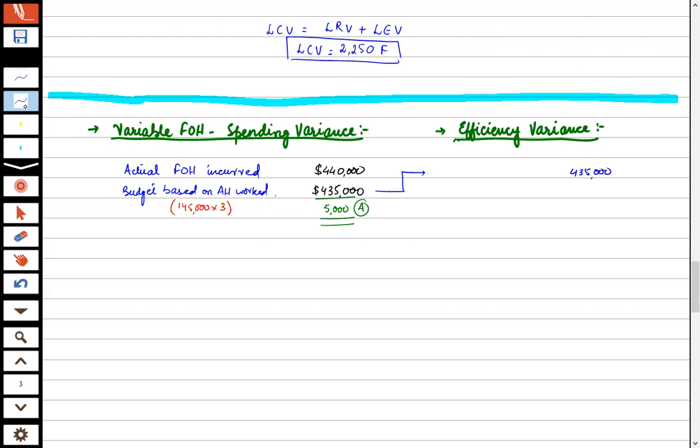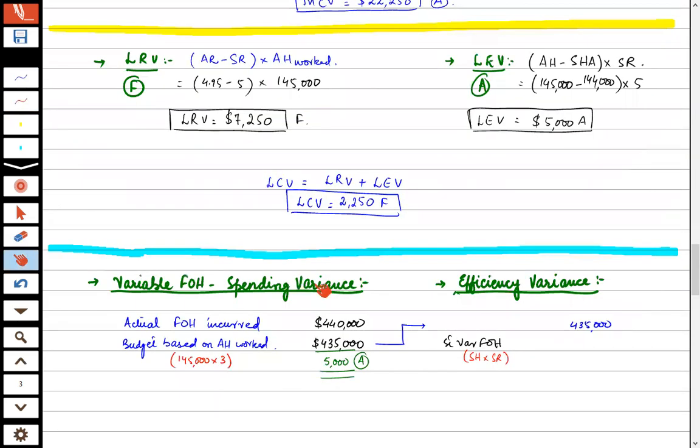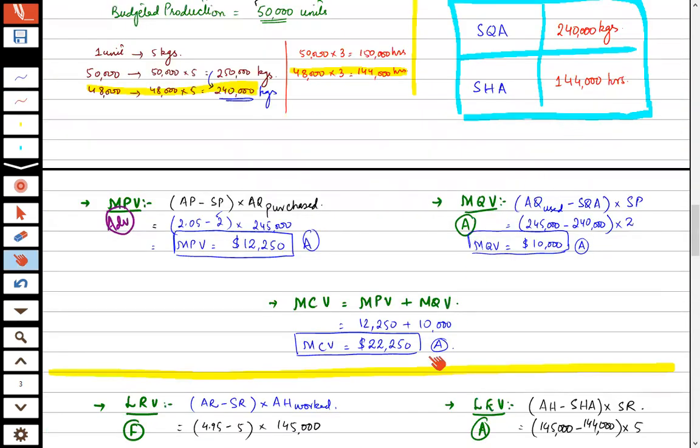Now the next would be what? Next is standard variable FOH. It's all about standard. It will be worked as standard hours multiplied by standard rate. Standard hours allowed were worked out to be 144,000.